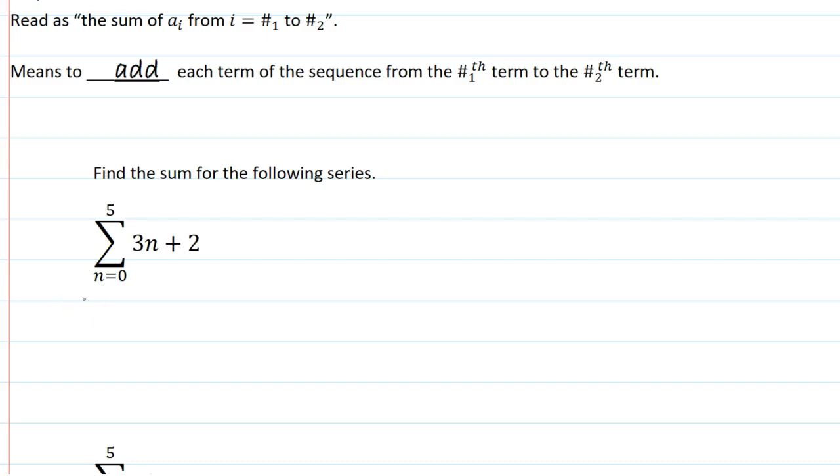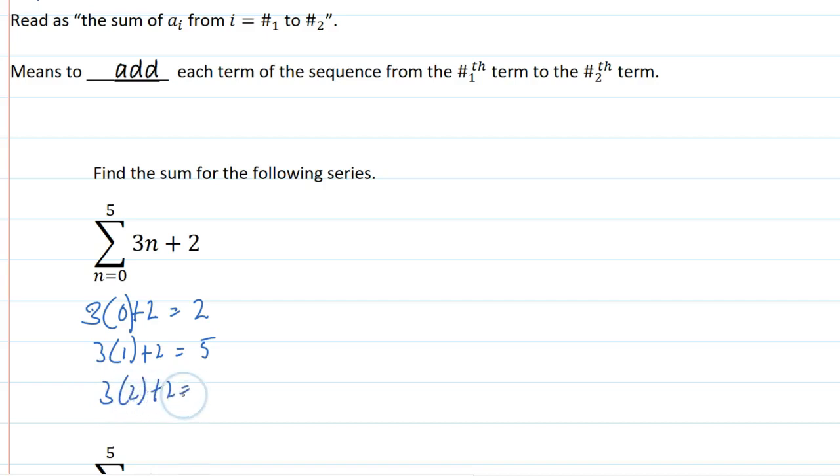All you have to do is substitute in it, just like we did before. 3 times 0 plus 2 is equal to 2. 3 times 1 plus 2 is equal to 5. 3 times 2 plus 2 is equal to 8. 3 times 3 plus 2 is equal to 11. 3 times 4 plus 2 is equal to 14. 3 times 5 plus 2 is equal to 17.